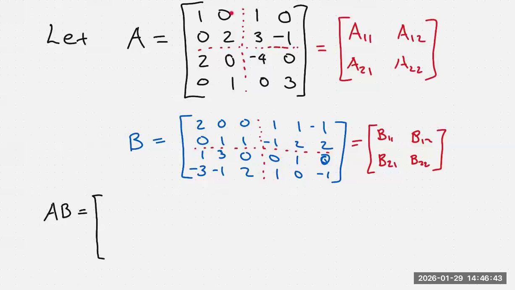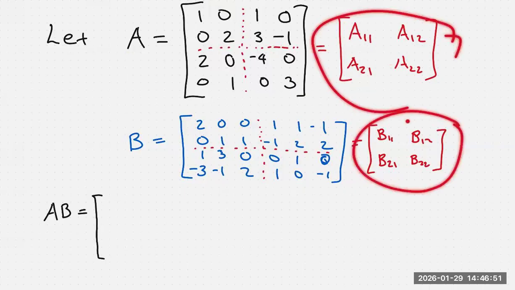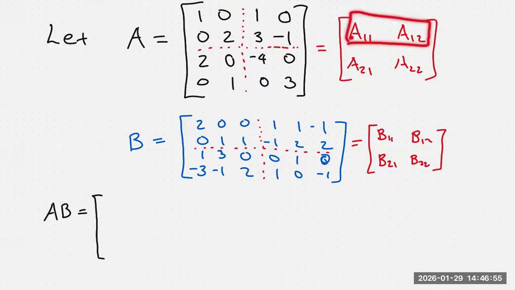Remember, if you're multiplying two matrices, using A times B, and we're using these over here, it has to be the first row here by the first column here. But based on how we have it, it is actually A11 by B11 and then this one here times this one down here. That's a row times a column.